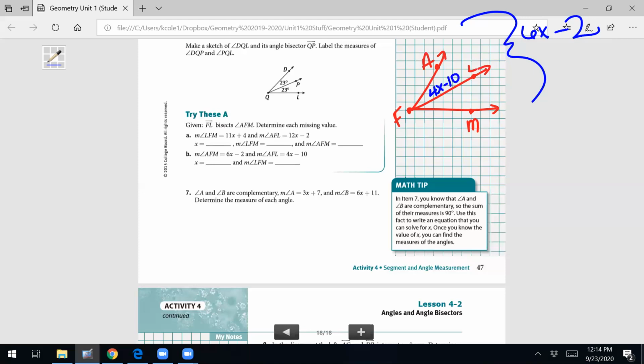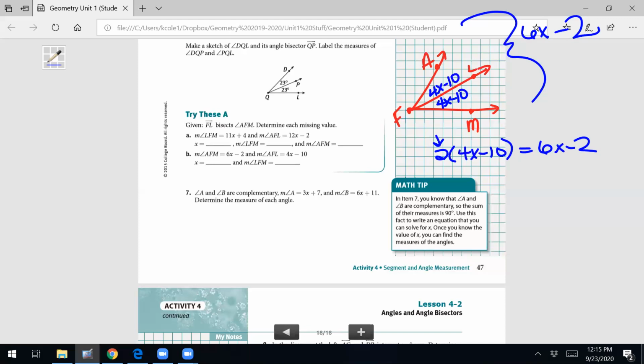Okay. How did you set this problem up? Perfect. And why did you say 2? Why did you multiply by 2? That's exactly right. Very good. So she knows that this one's going to be exactly the same thing because of the bisector.